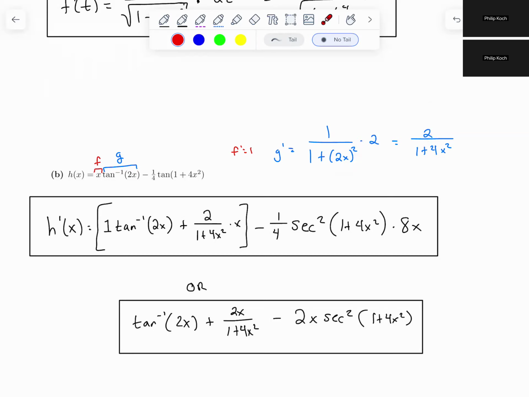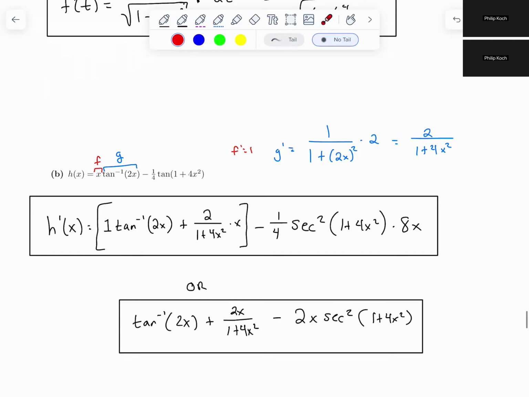You can leave it in the unfactored or the unsimplified form. It just made it easier to write out. Since we're not using it for anything, we don't need to simplify. All right.